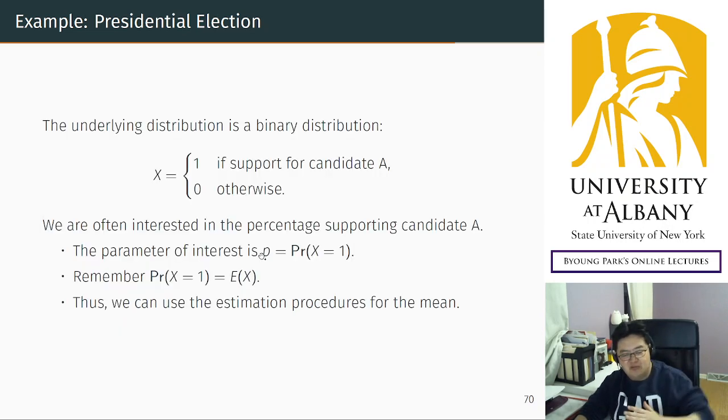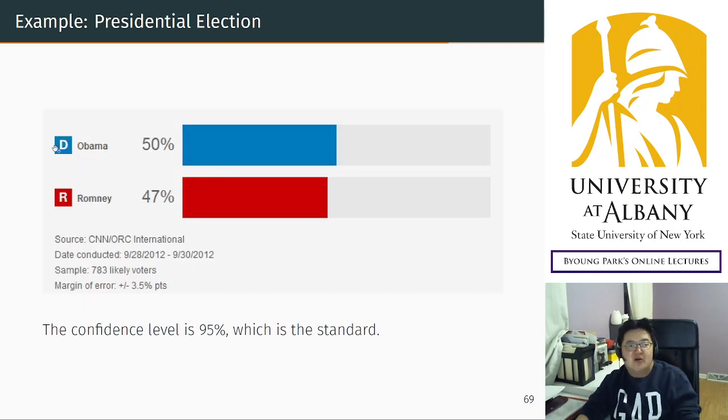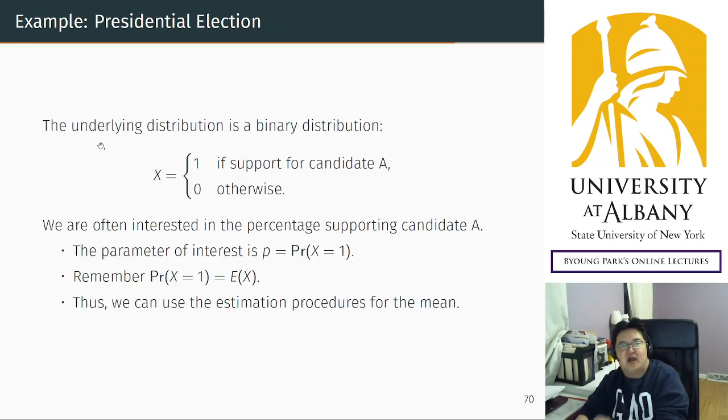But even deeper, the underlying distribution is a binary distribution. I will simplify the situation and ask: do you support Obama or not? Let me say: do you support candidate A or not?